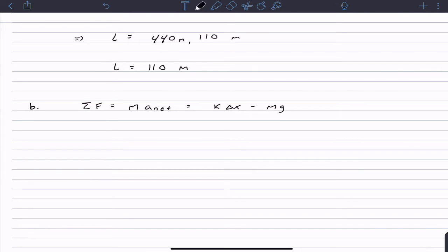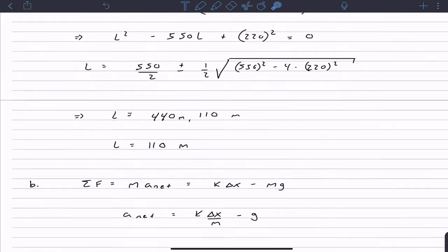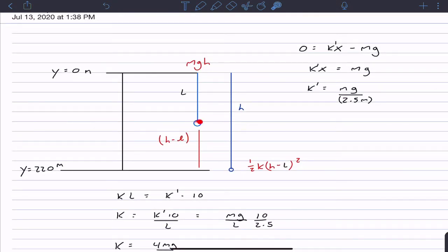So let's take a net is equal to k delta x over m minus g. Recall that this delta x is how far we're displaced from the equilibrium, so it would be h minus L.